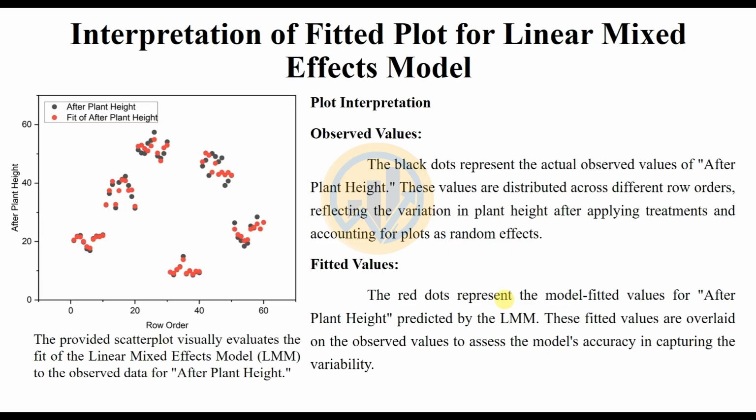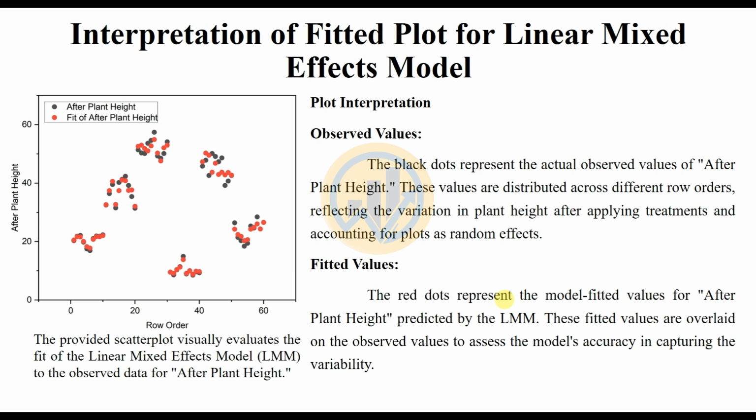So the next one is the interpretation of the fitted plot for the linear mixed effect model. The scatter plot visually evaluates the fit of the linear mixed effect model to the observed data for after plant height.